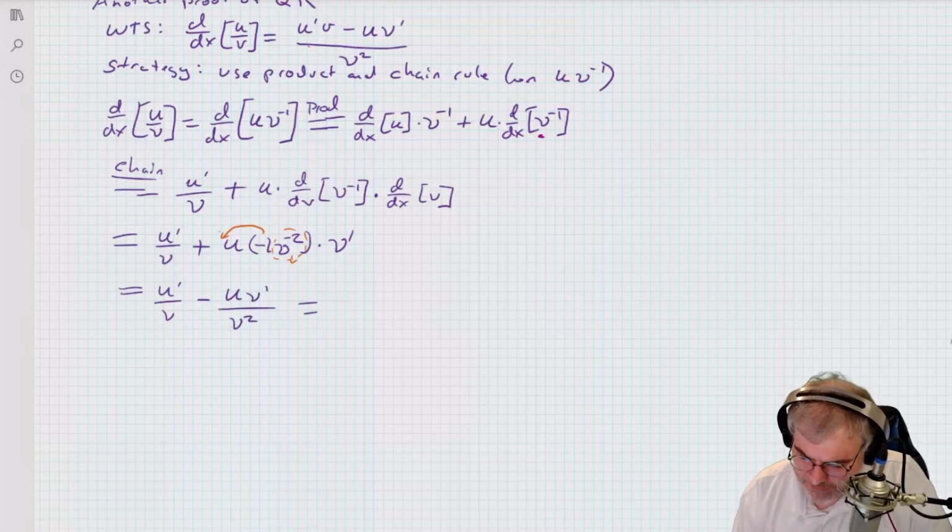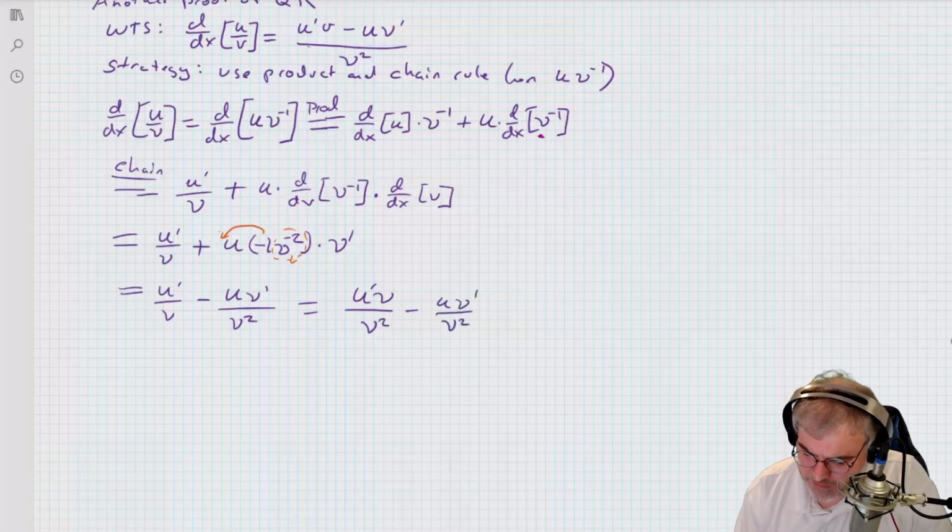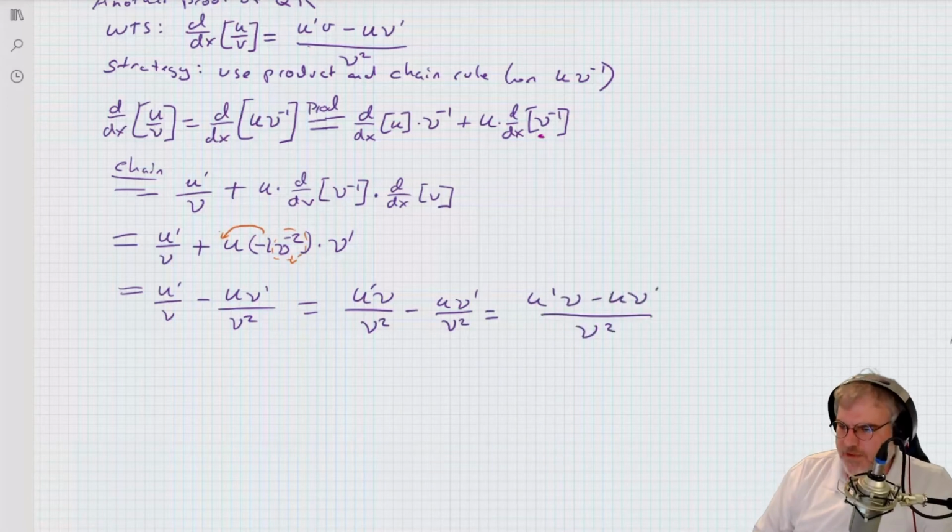And then I just take a common denominator and I get u prime v over v squared minus u v prime over v squared, which equals u prime v minus u v prime all over v squared. How do we feel about that proof, 1 to 5?